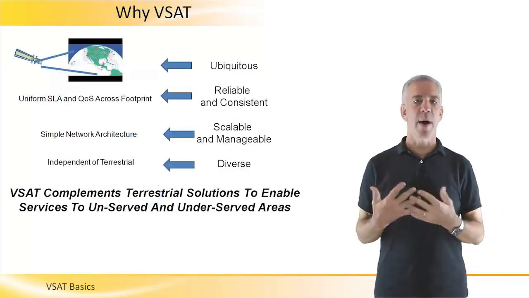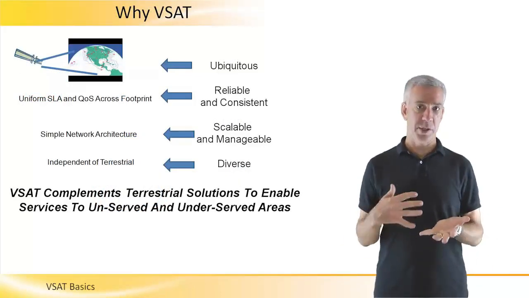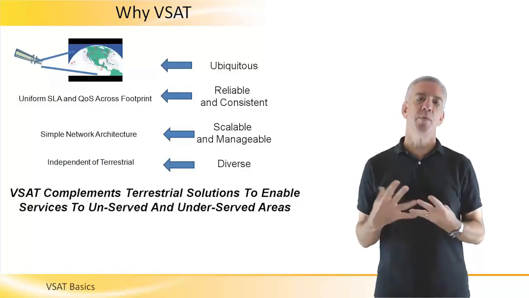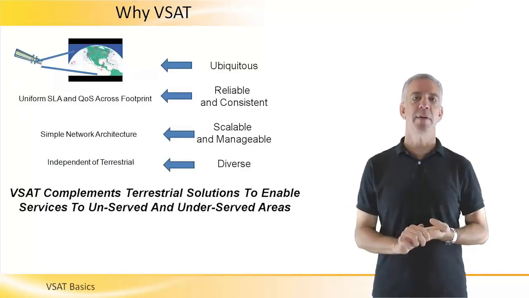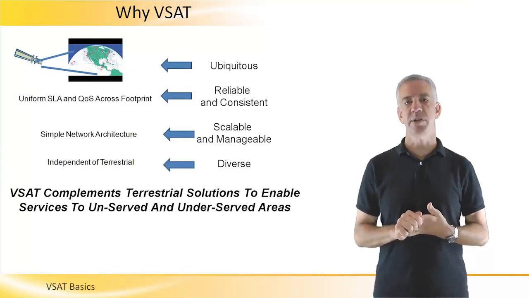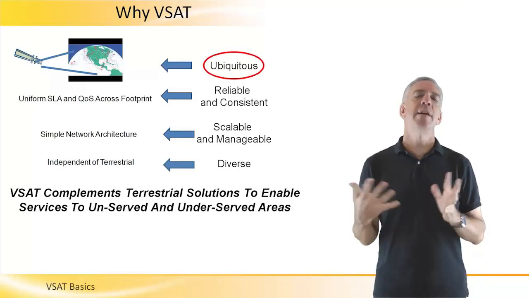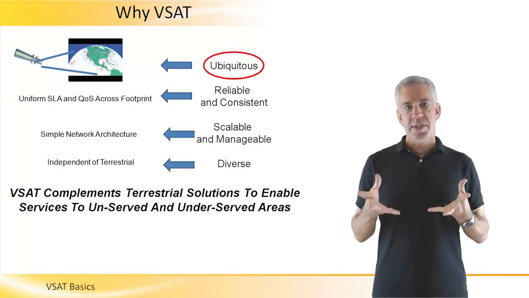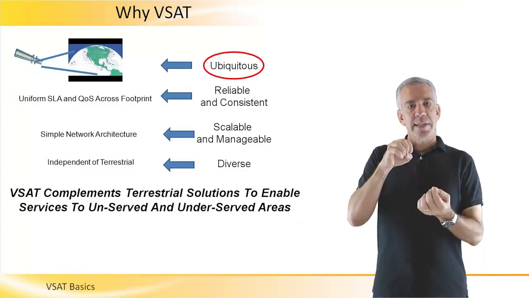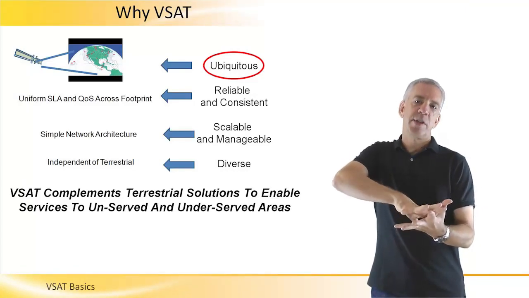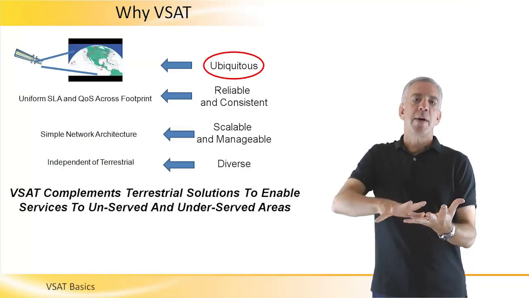Why VSAT? Why are people using satellite communications to enable broadband connectivity? There are several reasons which make VSAT relevant for a number of telecommunications solutions. The very first reason is the ubiquity of coverage. The very nature of satellite is that the satellites transmit to Earth, and the footprint of that transmission is very widespread.